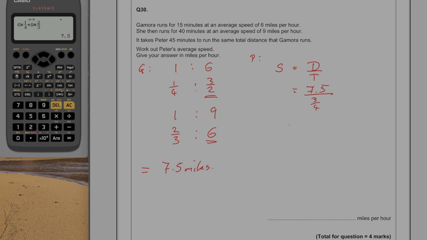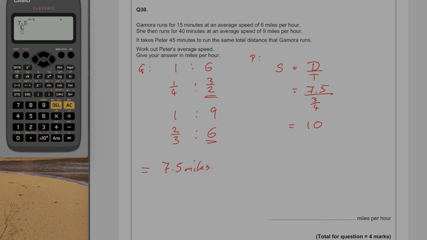And we can divide by a quarter, times by 4 divided by 3, but we can type it in like that on a calculator paper. So 7.5 divided by 0.75 would be 10. So I'm going to say it's 10, but we'll do the sum anyway. 3/4. His speed would be 10 miles per hour.